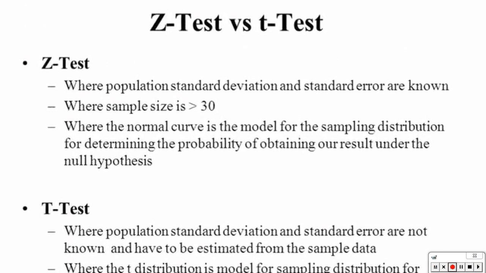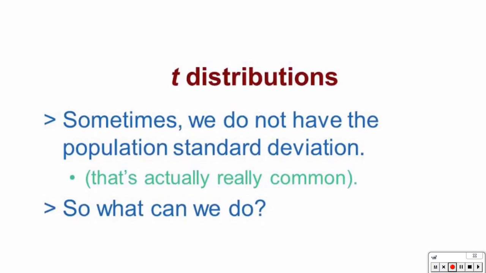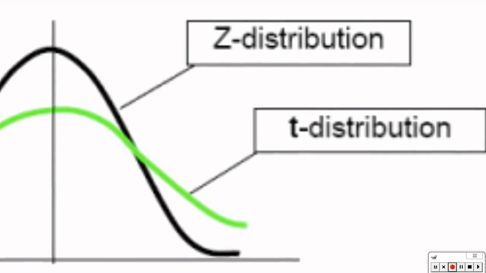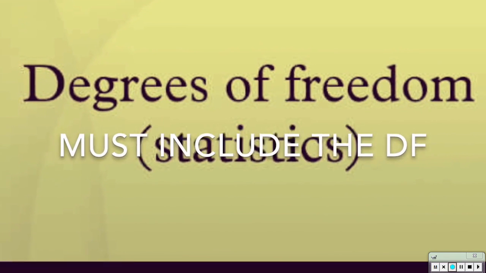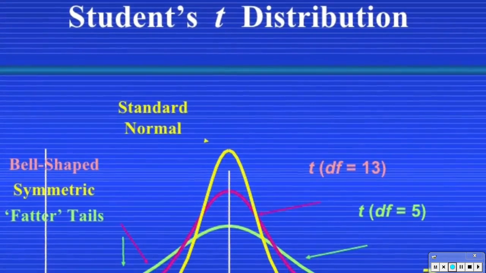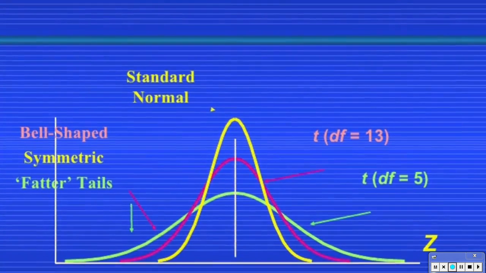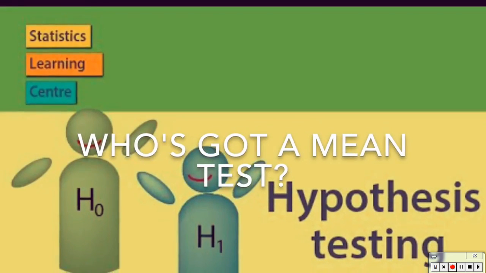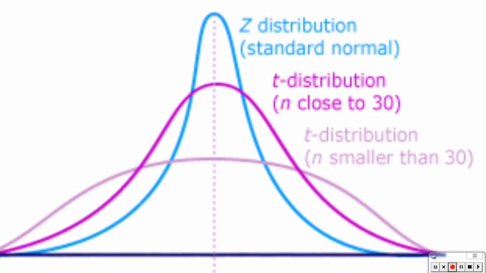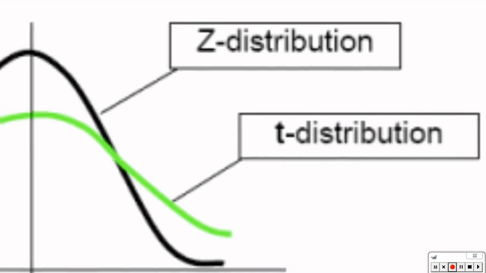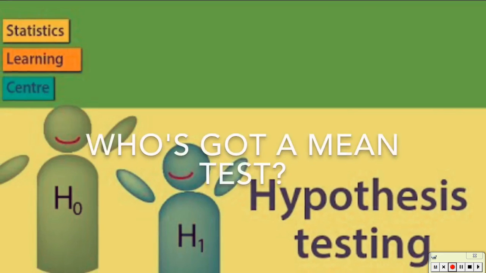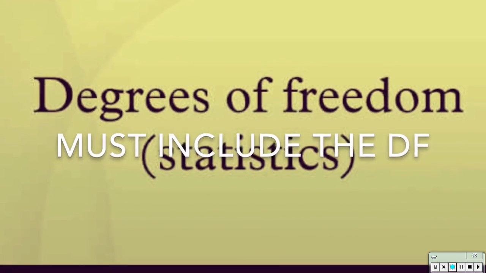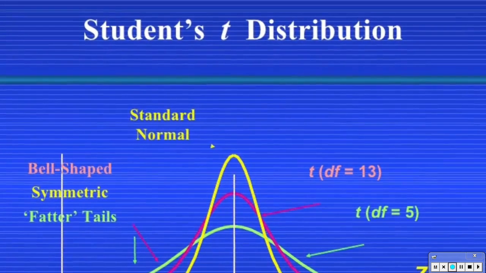T, T, T, not Z. Sample standard deviation. T, T, T, not Z. Must include the DF. T, T, T, not Z.